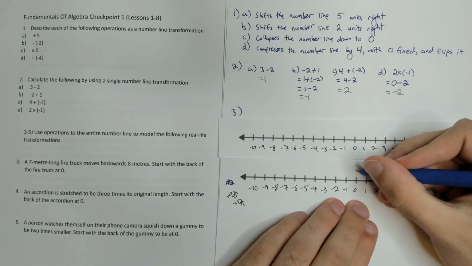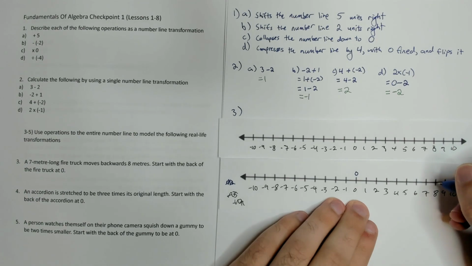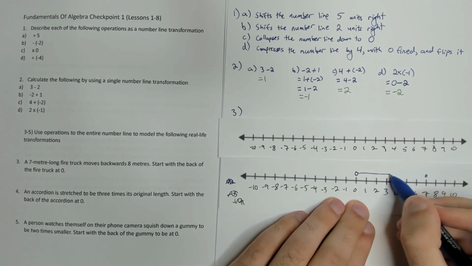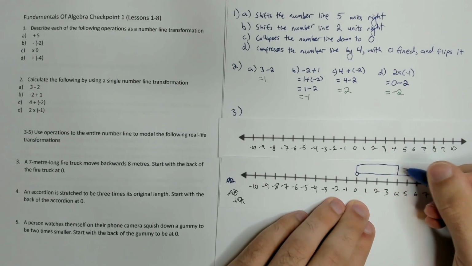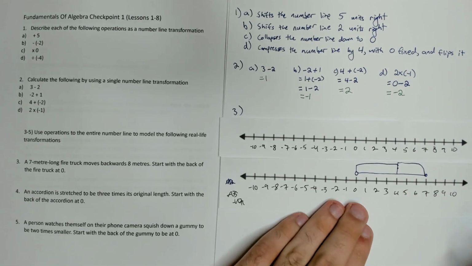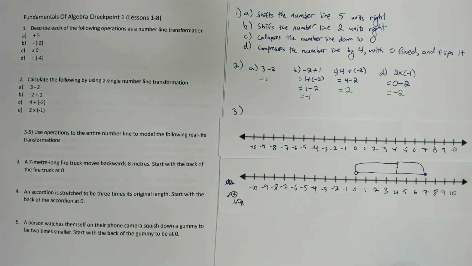So the back of the truck is right here. And the front of the truck, well, if it's 7 meters long, it has to be here, right? And so those are the tires. And we have our fire truck looking something like that. It's not a very good drawing, but we've already established I'm no artist.